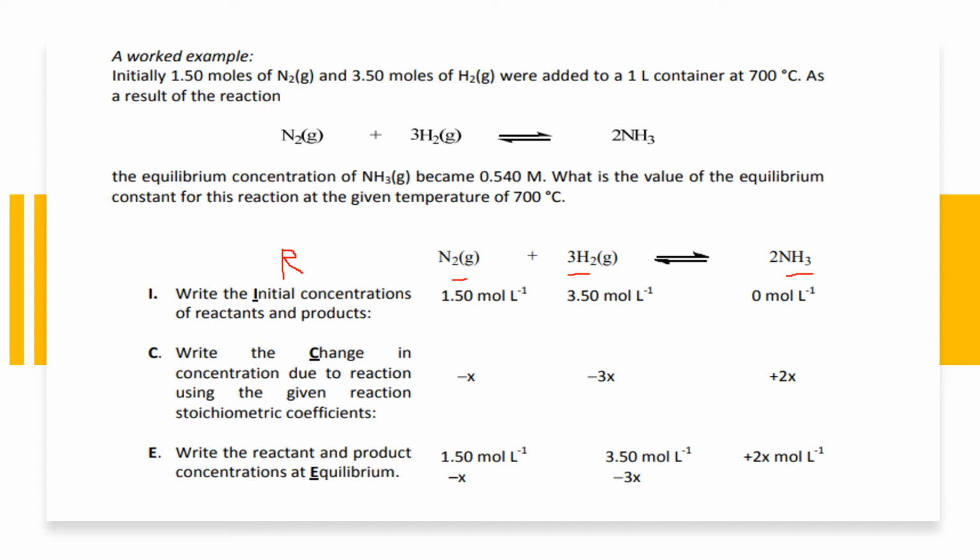Then we're going to add the change to the initial. So 1.50 minus x for N2, 3.50 minus 3x for 3H2, and for 2NH3 plus 2x mole per liter.